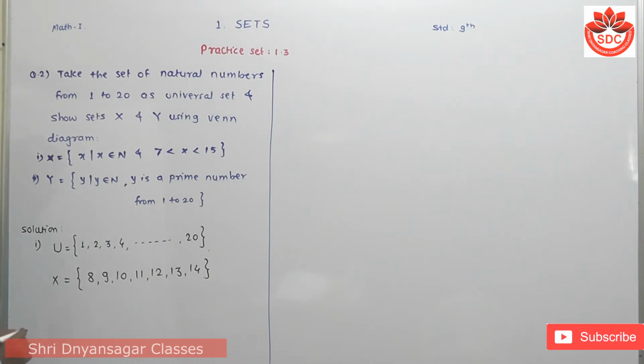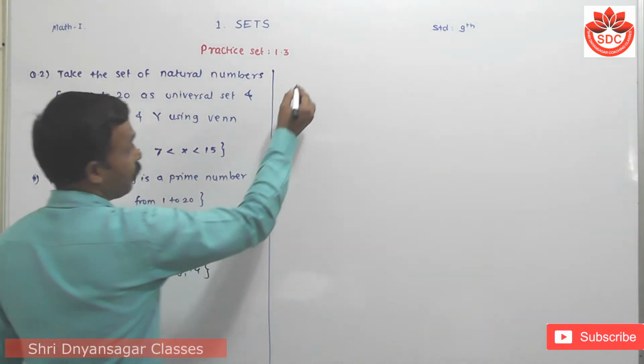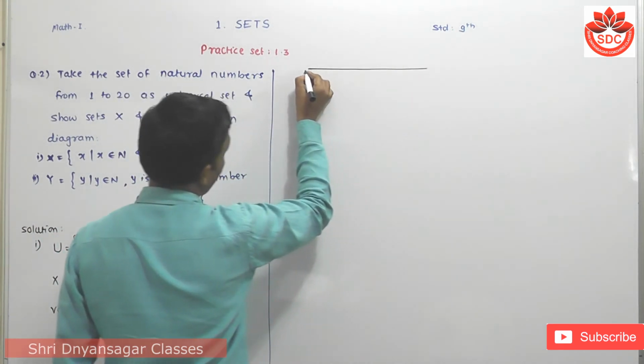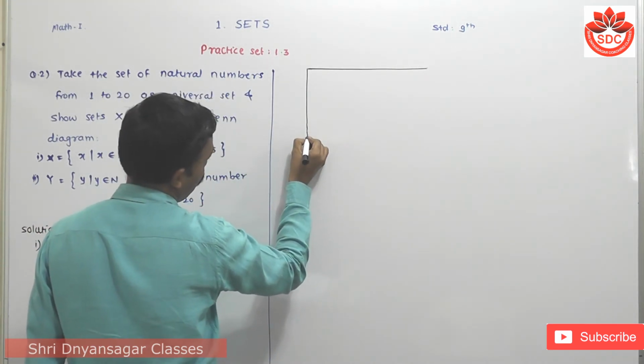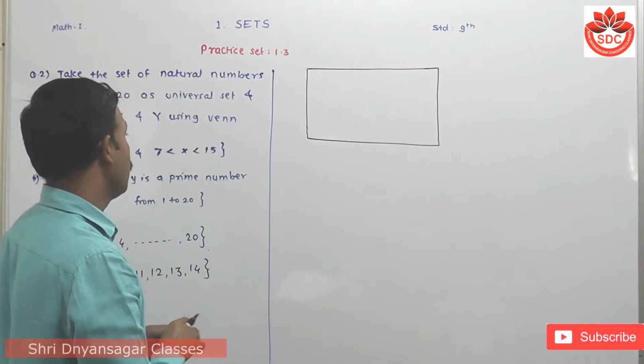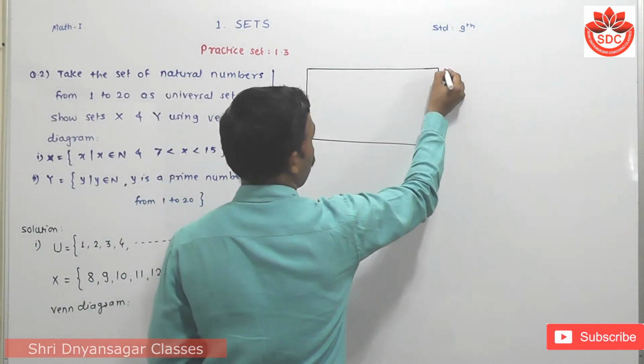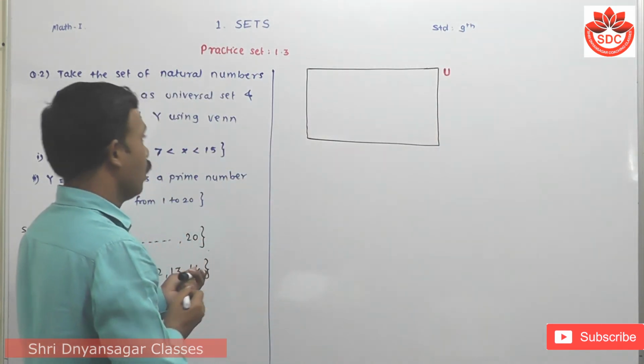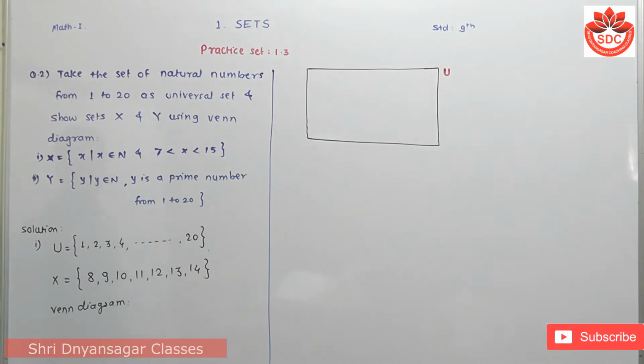Then we draw its Venn diagram. All of you know that a rectangle represents the universal set. So first I will draw one rectangle here. Name this as the universal set. Then we have to show x as the set containing the numbers 8, 9, 10, 11, 12, 13 and 14 first.